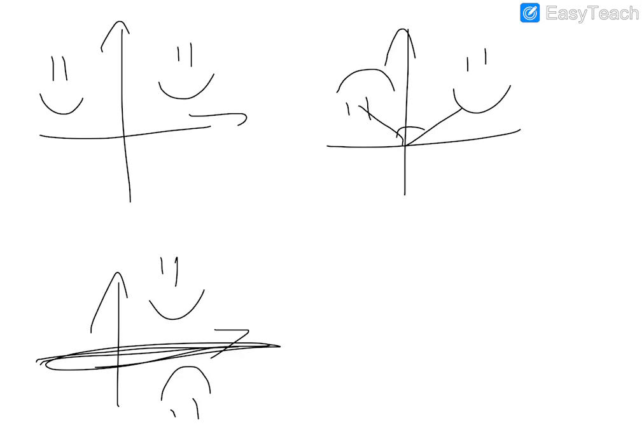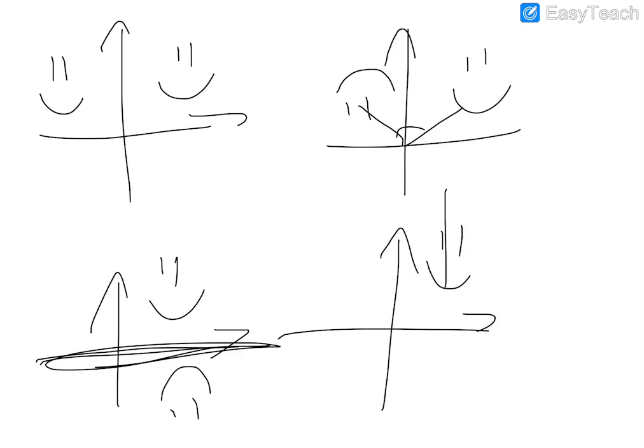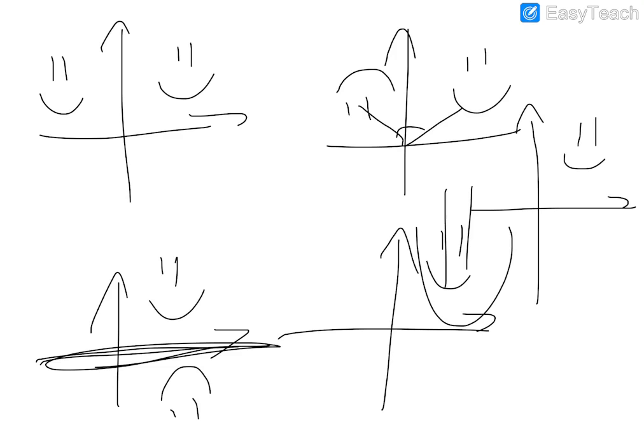Then a distortion is where you're taking a smiley face and you're stretching it out. And then the final one, try and squeeze it in here, I guess. The dilation is where you're taking a smiley face, let's just do it about the origin, and you're making it bigger.